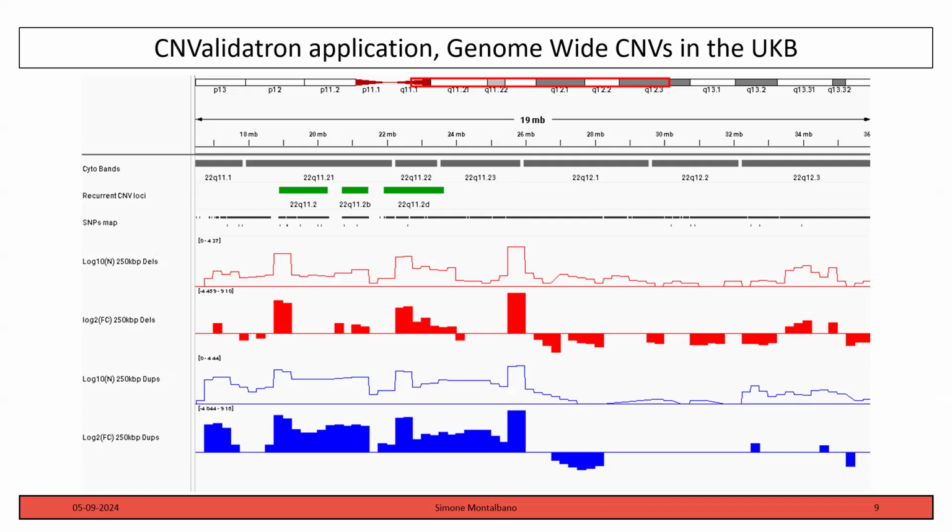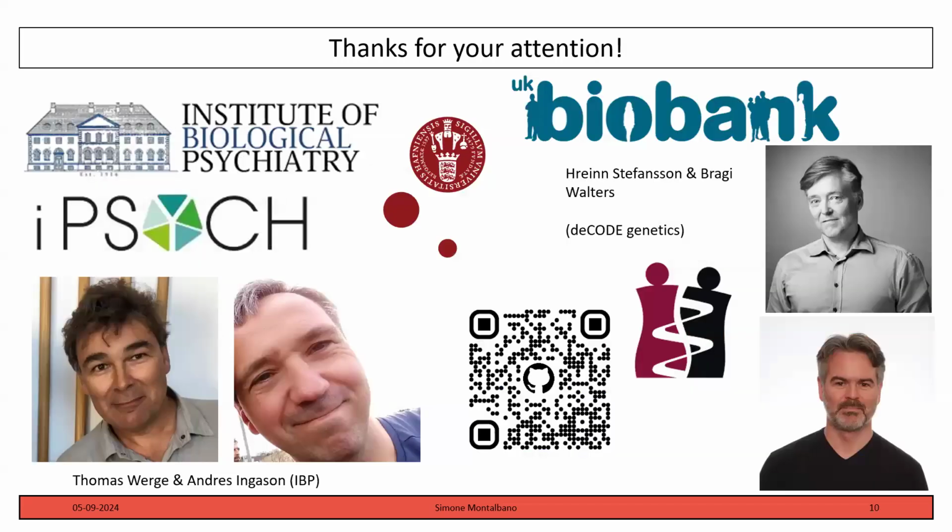You can have a lot of questions, and this is what I'm working on right now, but I'm not going to present much more than that. So thank you for your attention. Thanks to my institute, my supervisor Andres, the director Thomas, and Brian at deCODE Genetics in Iceland. And thanks for the attention.